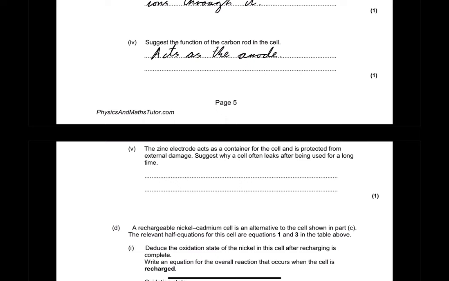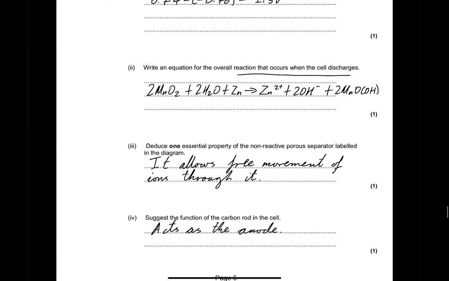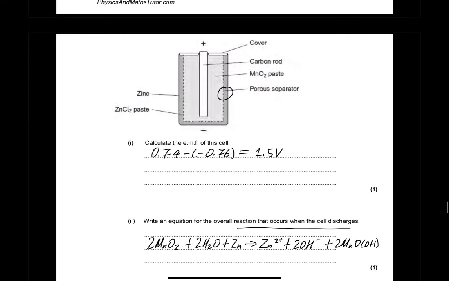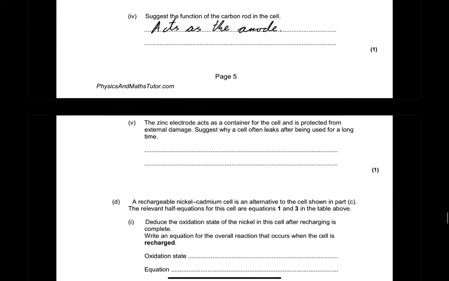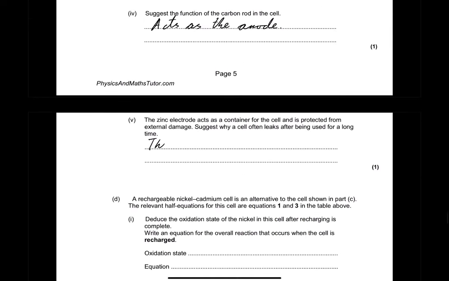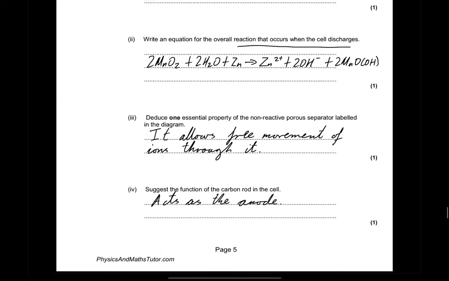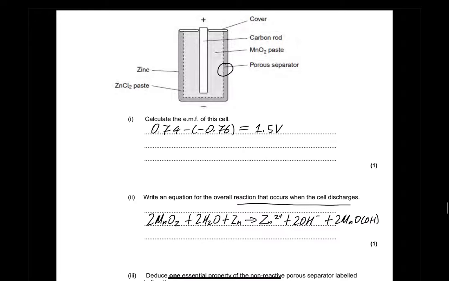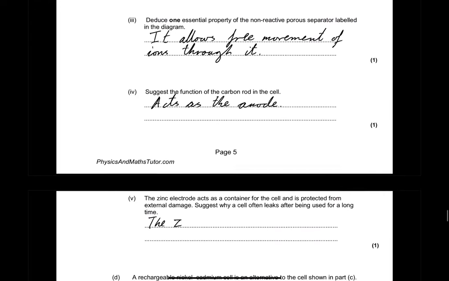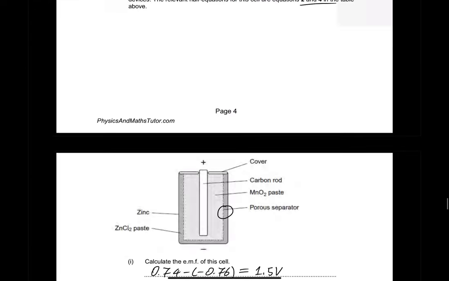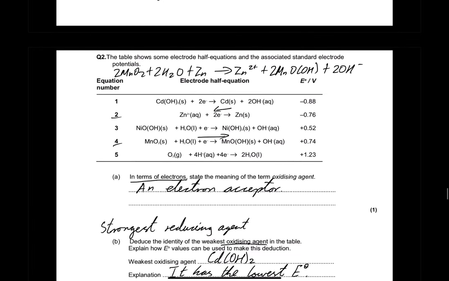It's just why a cell often leaks after being used for a long time, because the zinc gets used up, because the zinc's being reduced, right? Is it being reduced? Yes, the zinc should be getting reduced. No, it's being oxidized.